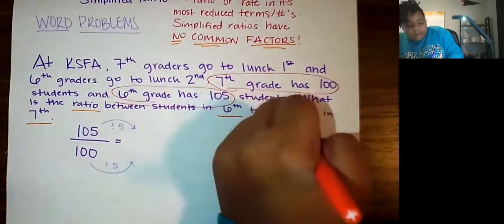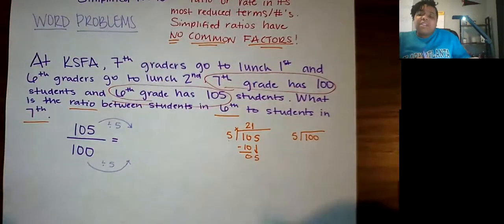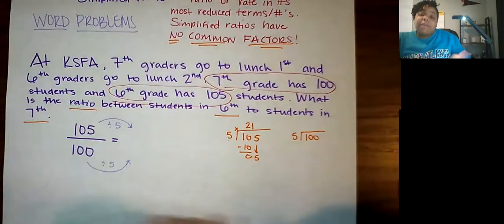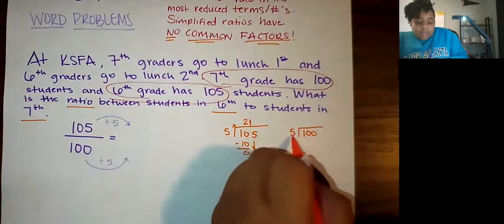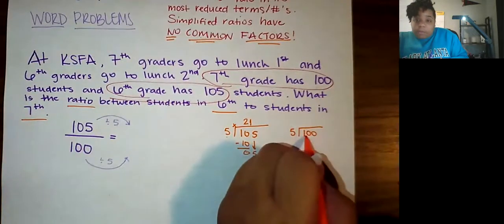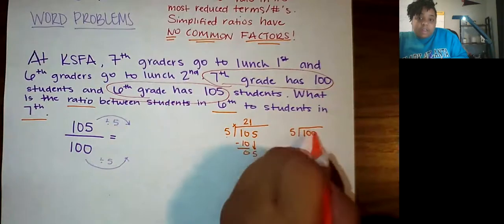And I want to do the same thing for 100. I want to take 5 and divide that into 100. I can also think about it like this. If I had $100 and I wanted to break it evenly between 5 different people, how much money would each person get? Well, let's see. How many groups of 5 are in 1? There are none. So now I want to see how many groups of 5 are in 10.